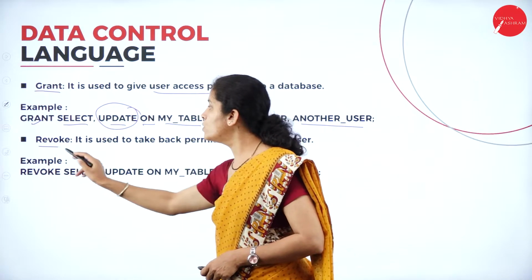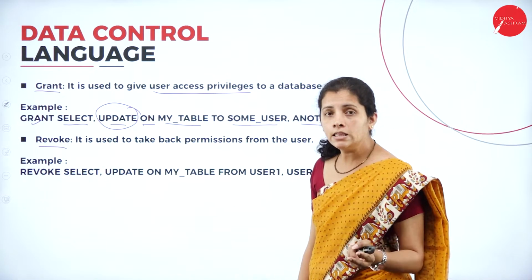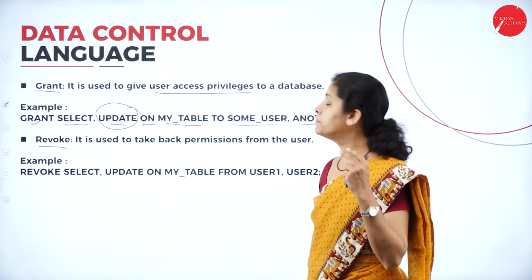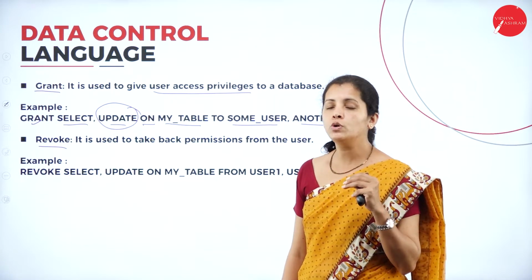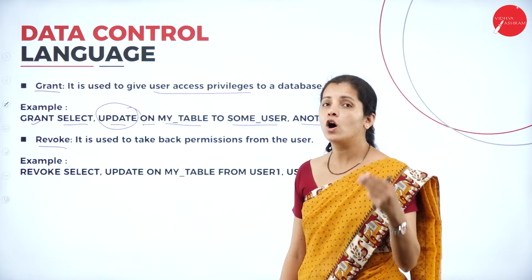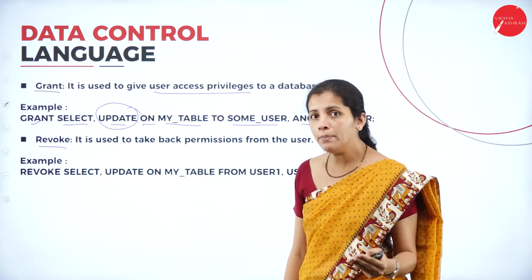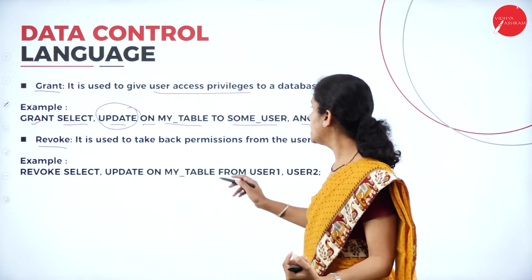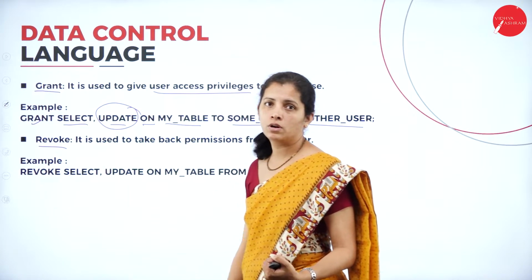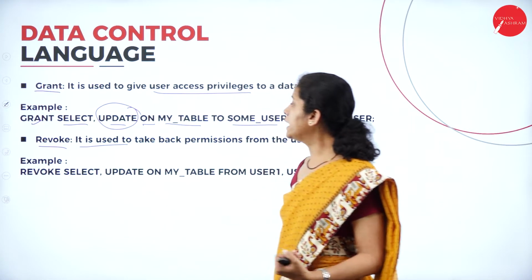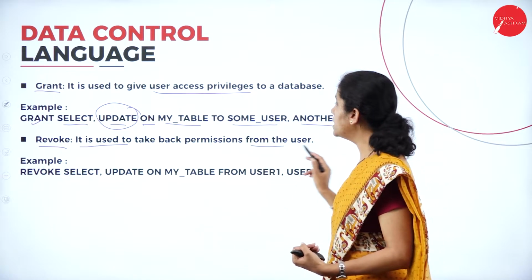And what is revoke? It is used to take the privilege or permission back. Suppose if I want to take any privilege or permission back, then I can use revoke. So it is used to take back permission from the user.